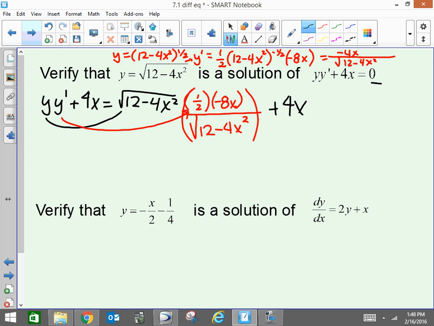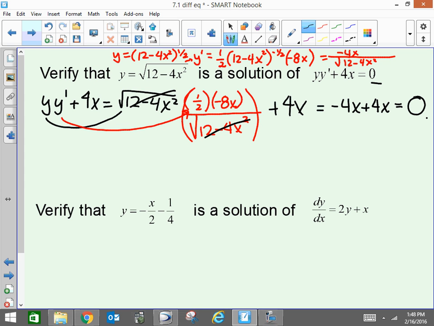We want 0 when we're done. We can't just say, oh, that equals 0. You got to show what's going to happen here. This and this cancels. So what's this? Negative 4x plus 4x equals 0. They're so simple, they are sometimes confusing because there's not much to do.